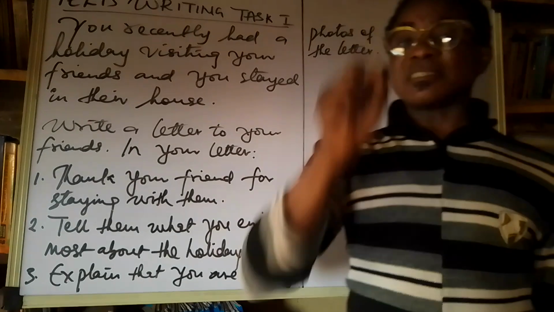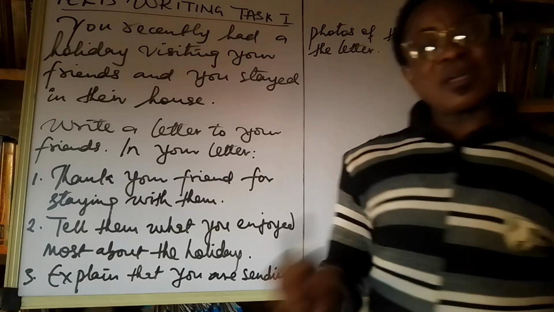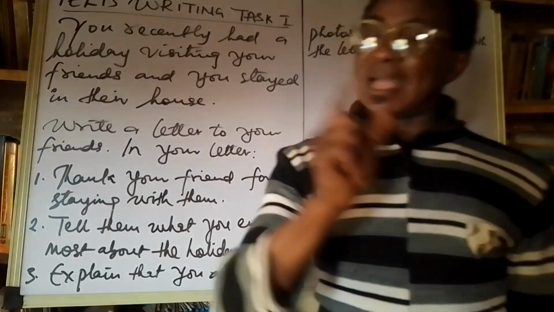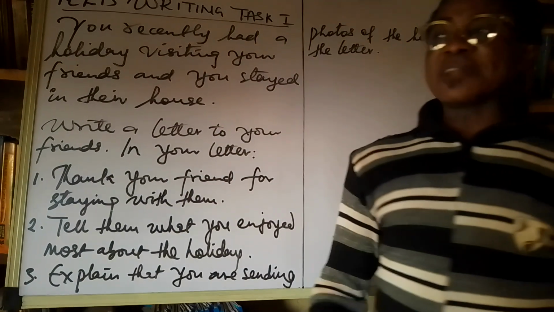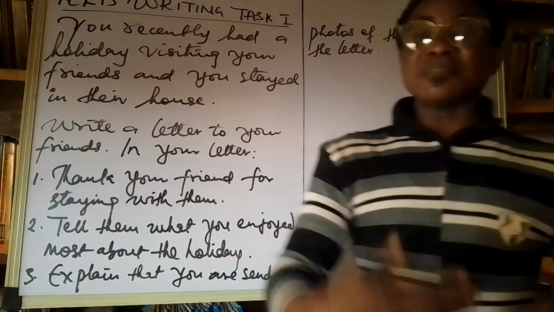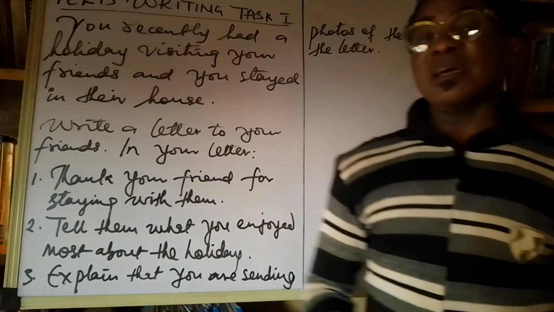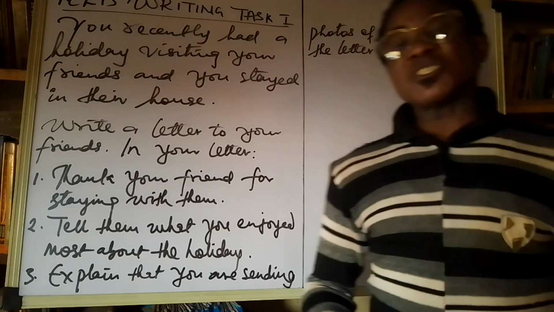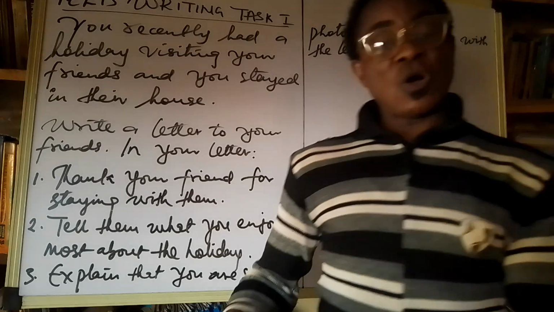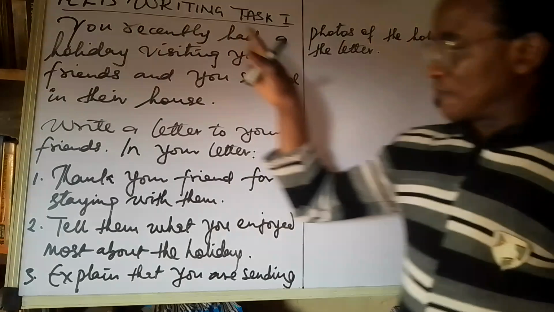So you may not write dear Miss Bassey or dear Mr. Brown, no. But you can write dear Nancy or dear Patrick, as the case may be. And then this also affects your tone, the tone with which you address the person you're writing to. The salutation indicates the kind of letter it is, and this goes on to affect your tone and the choice of words that you use as you write, and also your complimentary close.